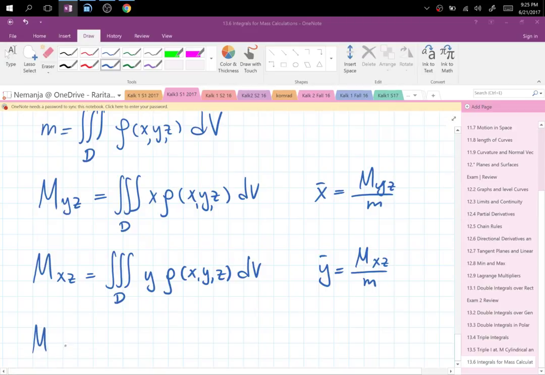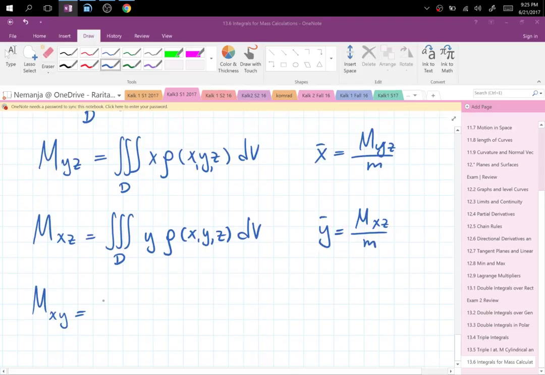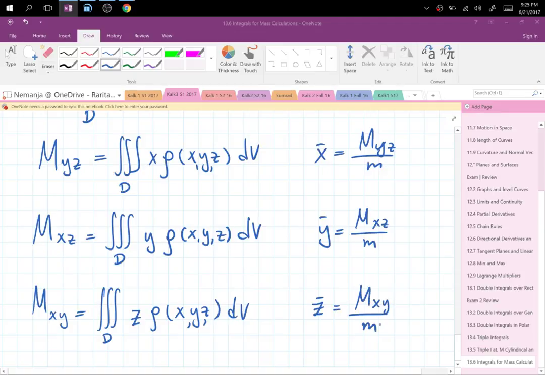And finally, the moment on xy, which is the triple integral region D on z rho xyz dv. z bar equals mxy divided by the mass.